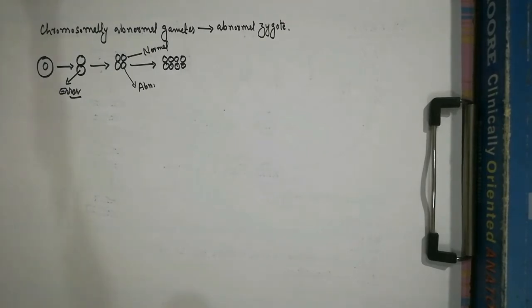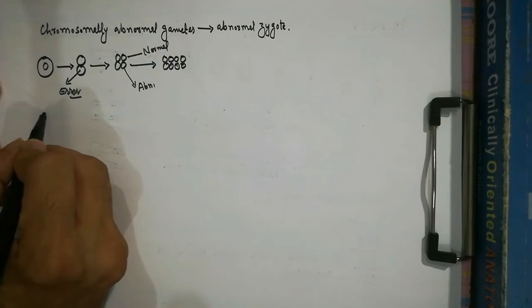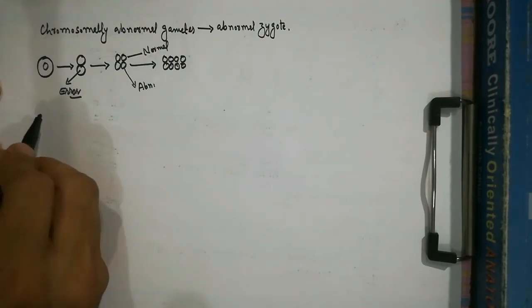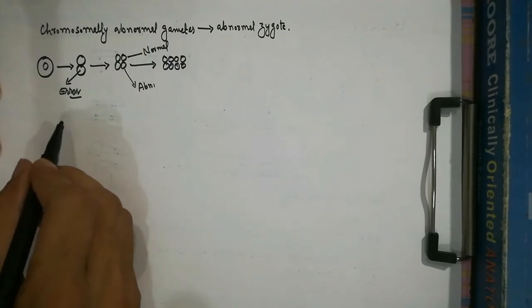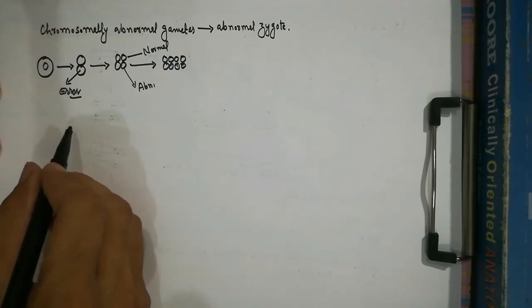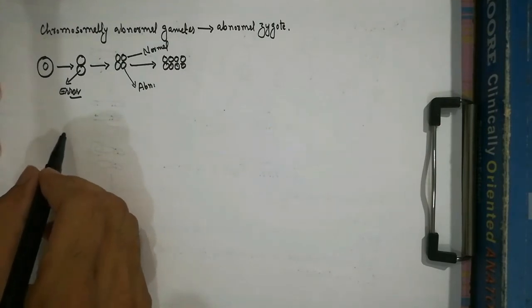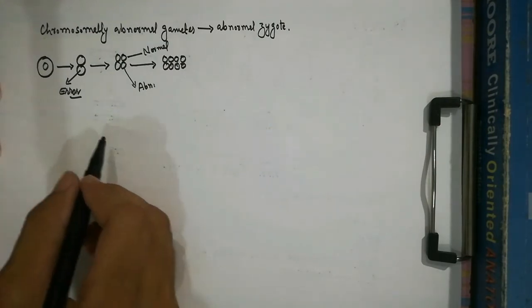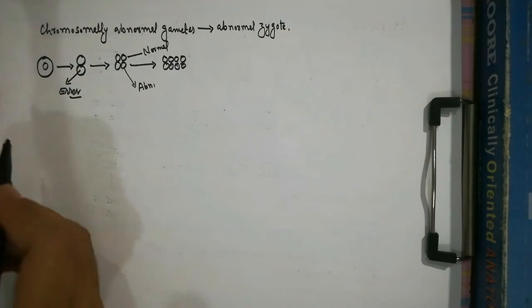What is the difference between meiotic non-disjunction and mitotic non-disjunction? Meiotic non-disjunction is failure of separation of two homologous chromosomes, and mitotic non-disjunction is failure of separation of two sister chromatids.